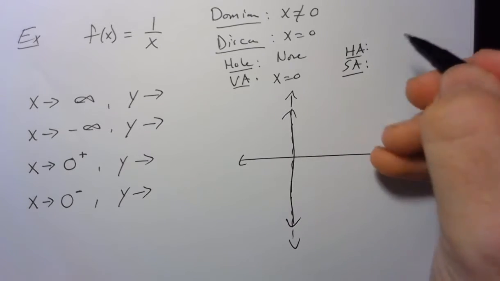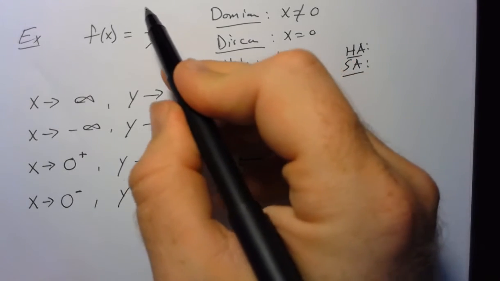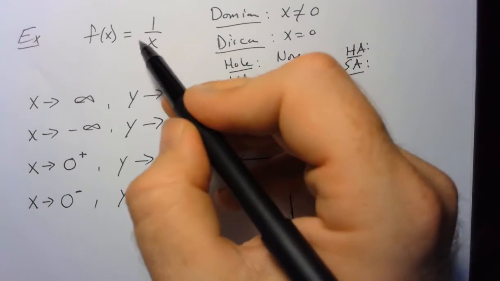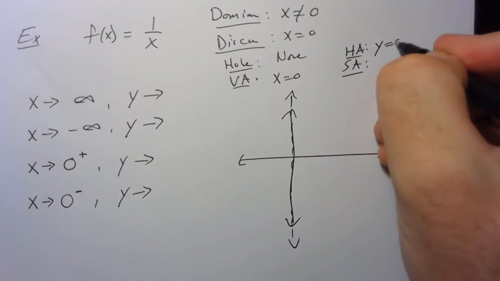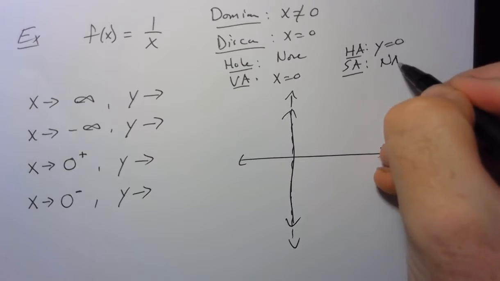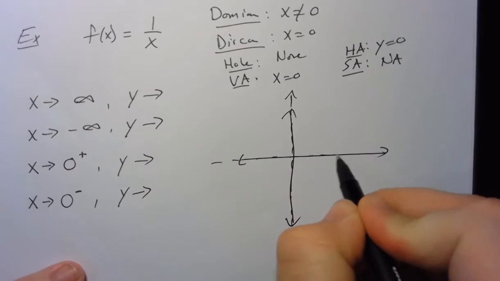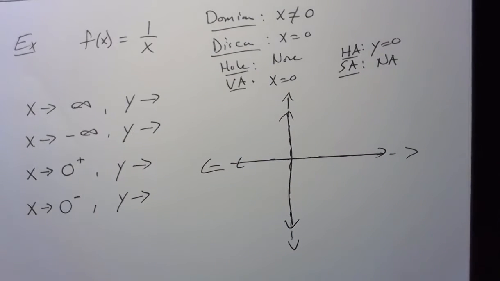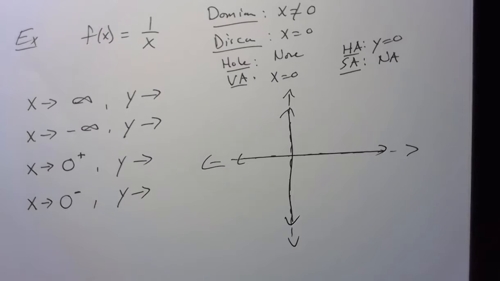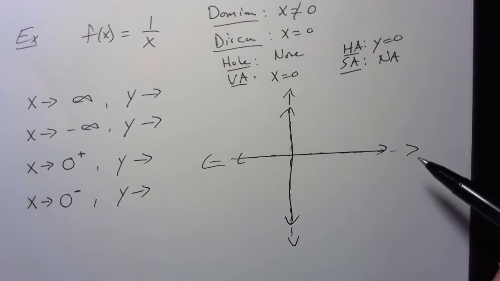In terms of the horizontal asymptote, because the power on the top is smaller than the power on the bottom, y equals 0 is a horizontal asymptote, and if I have a horizontal, I don't have a slant. If I have a slant, I don't have a horizontal. So I know I have a horizontal asymptote at y equals 0, and I know that this function is supposed to be guided by these two dotted lines.